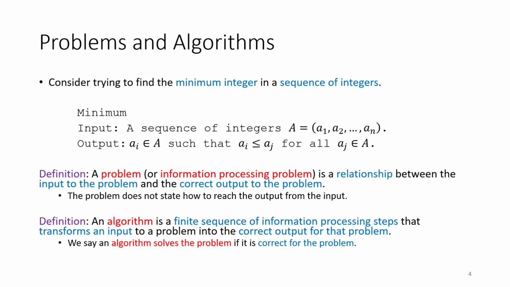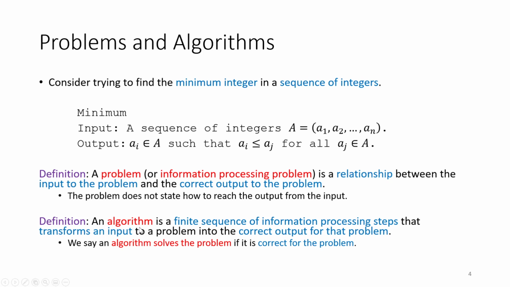And this is very clear when we start thinking about sorting algorithms, where we start with a list in one order and then we transform it into a different list, a list in a different order. And so here we are taking that input, the information stored in it, transforming it in some way, processing it in some way, and out comes the correct output for the problem.